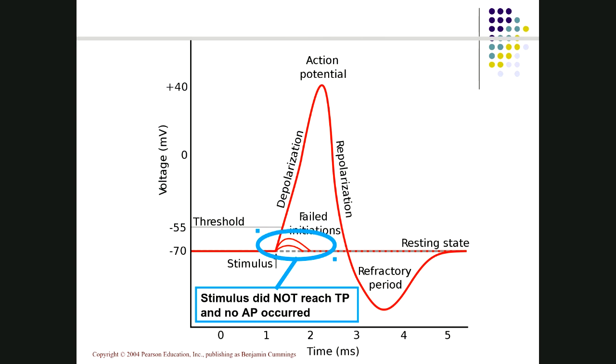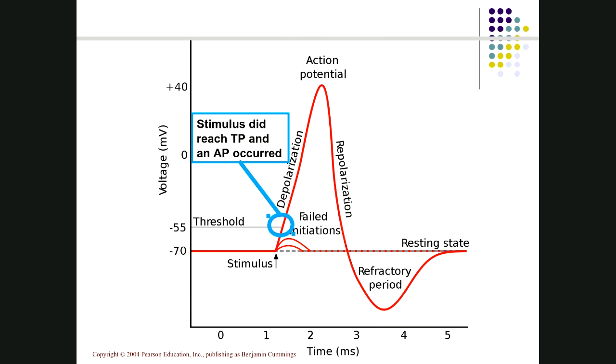And action potentials look like this. They zoom way up. They go up to about plus 30 and then they come back down. And they come back down even further than before. They all look like this. So once you reach threshold, you're going to get an action potential. This particular one right here reached threshold. Remember what's going to happen at threshold. The voltage-gated channels are going to become involved.